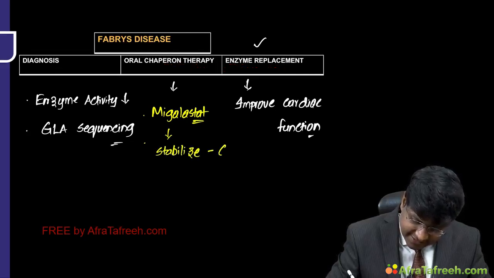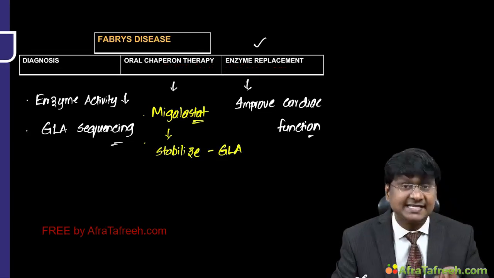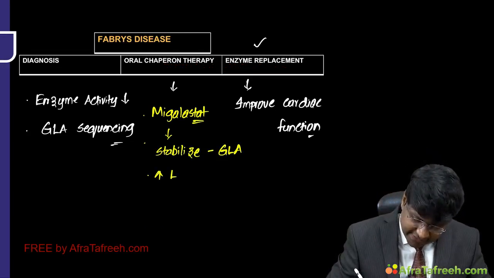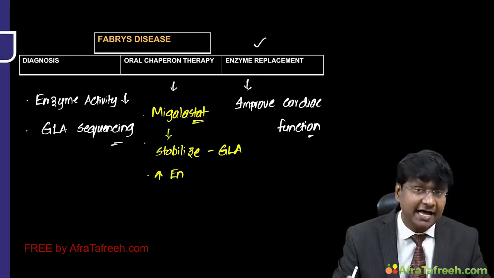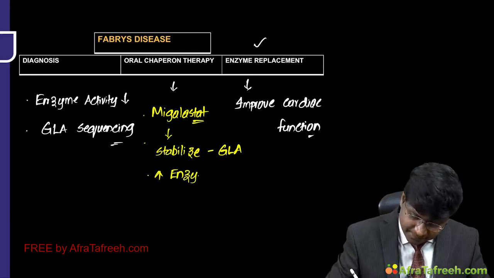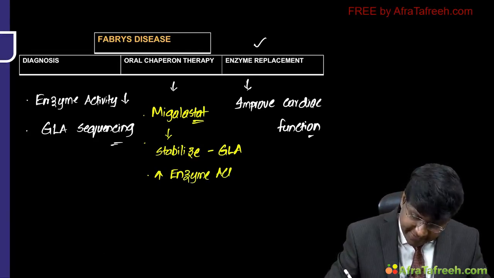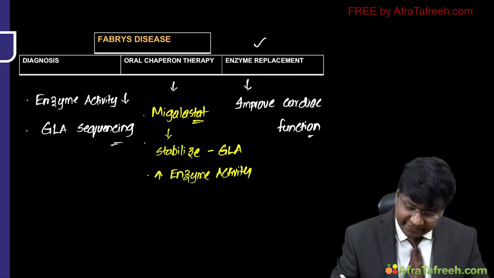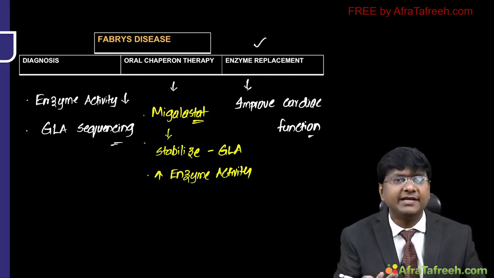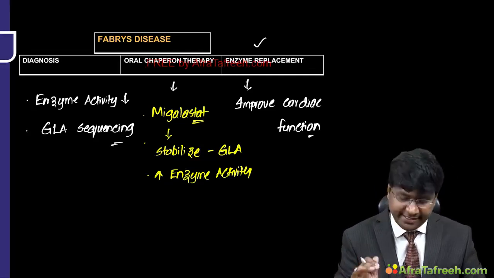It will stabilize the mutant galactosidase A, and this will also increase the enzyme activity, that is, the alpha galactosidase A enzyme activity will be increased. This is how you can see improvement in Fabry's disease.